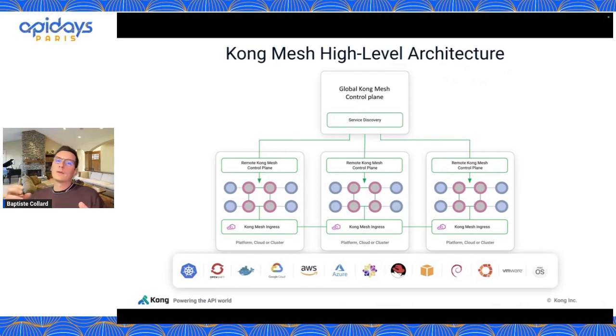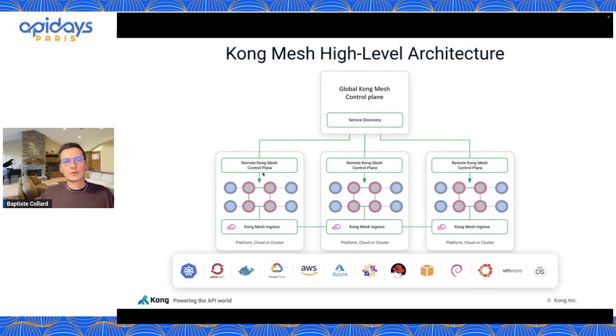Well, now, if we take a big picture of the typical architecture you will have with Kong Mesh, you will find a global control plane that will manage all the zonal control planes on each cluster, right?